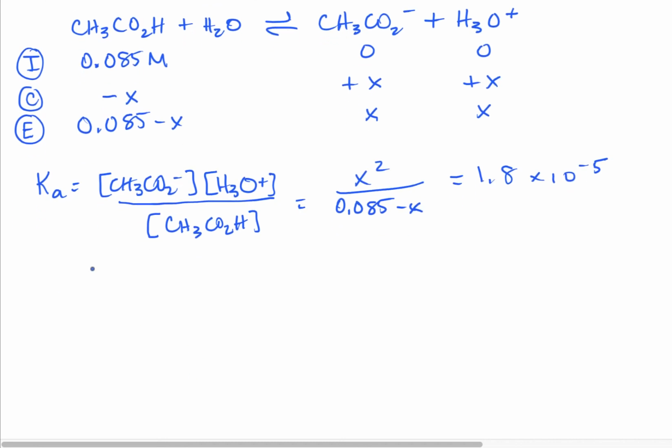So we now need to do a little algebra. So we're going to go ahead and multiply this onto the other side. You'll have x squared is equal to 1.8 times 10 to the minus 5 multiplied by the quantity 0.085 minus x, and we will distribute these two portions.